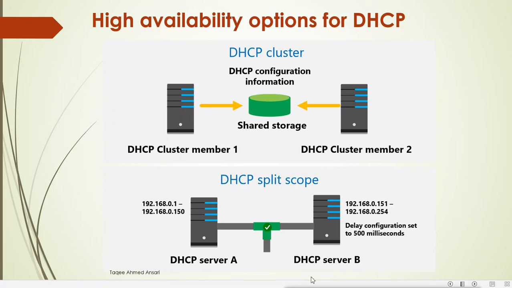So for example, we have only one server for DHCP, and all the clients are getting IP addresses from here, and we have configured one scope here. The scope is for our network. Now if this server is not available, then what happens?